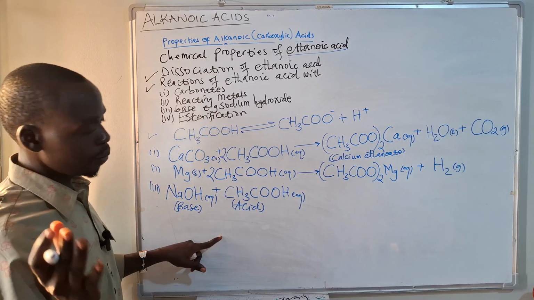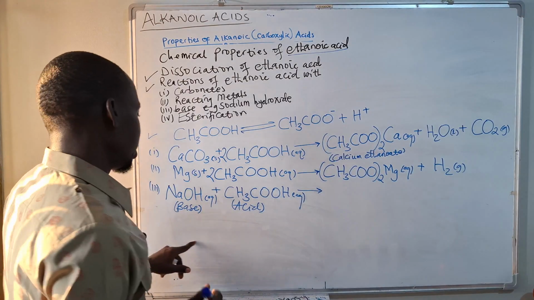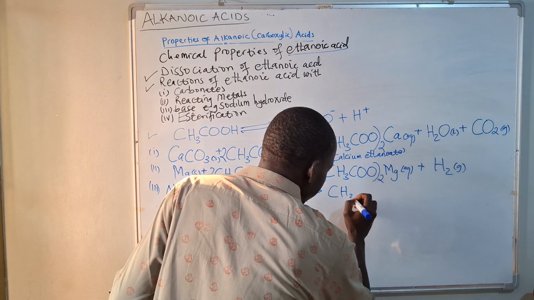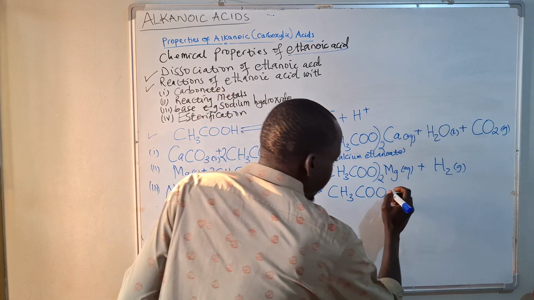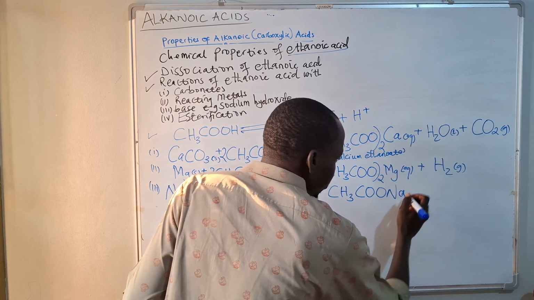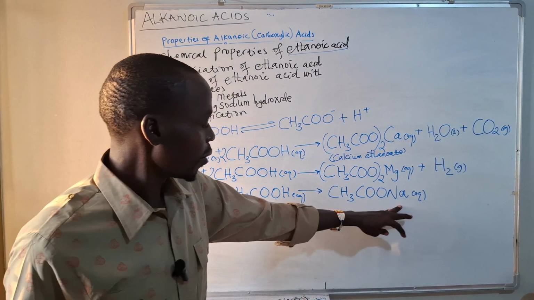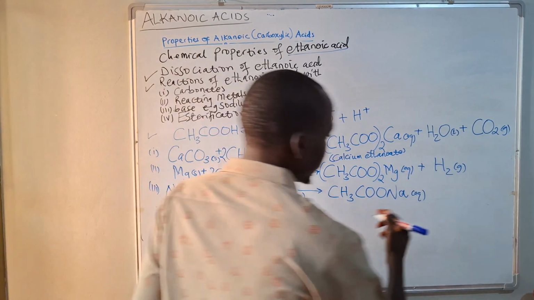We shall produce a salt, which is written like this: CH3COO, then Na. You know that the valency of sodium is +1. So here we shall have something of this kind, aqueous.